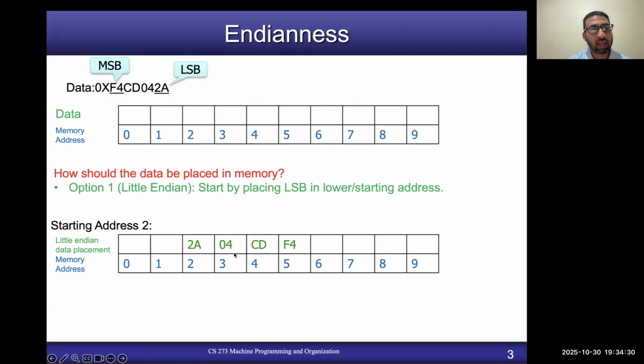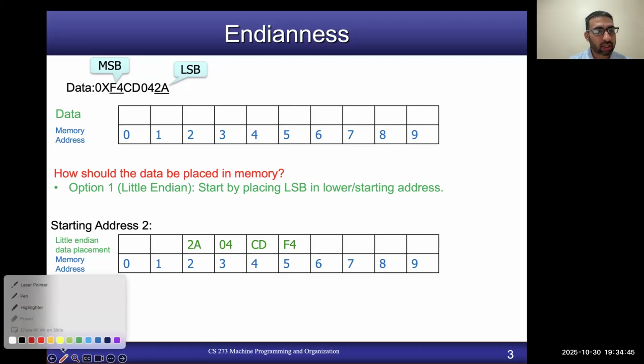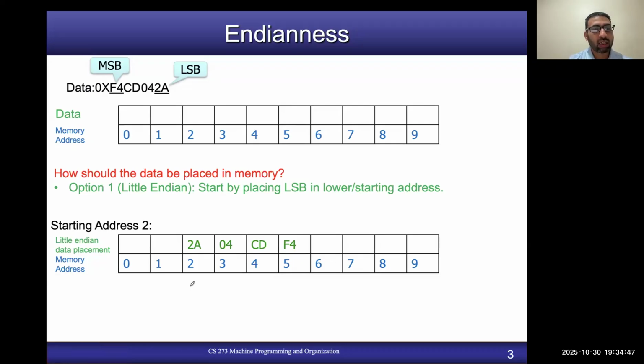The next byte, 04, will go to location 3, CD at location 4, and F4 at location 5. So the most significant byte goes to the highest address, and the least significant byte 2A goes to the lowest or starting address. This is known as little endian.